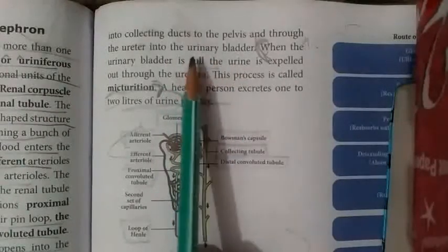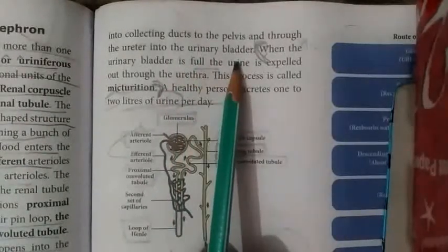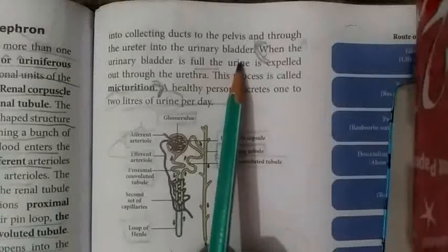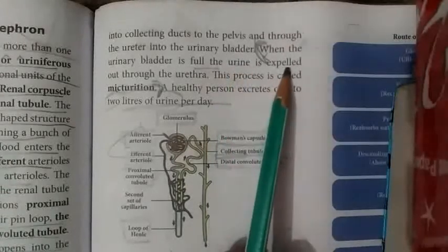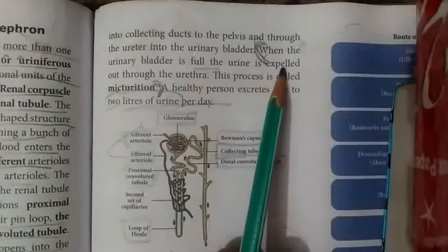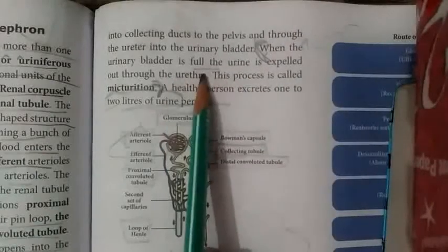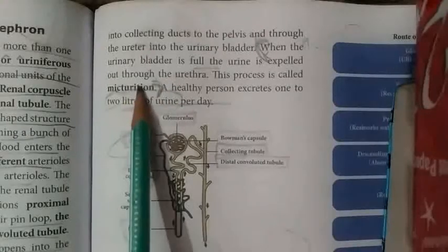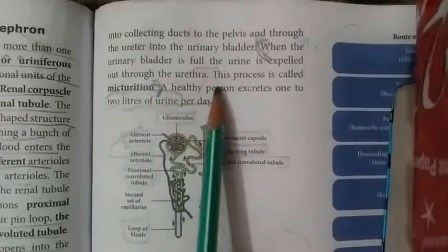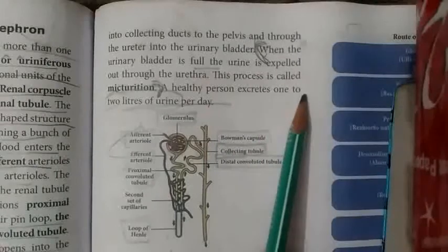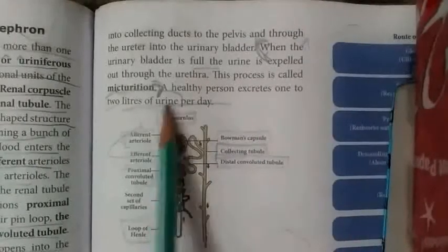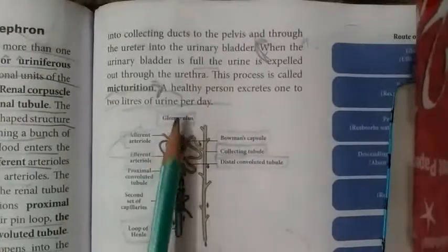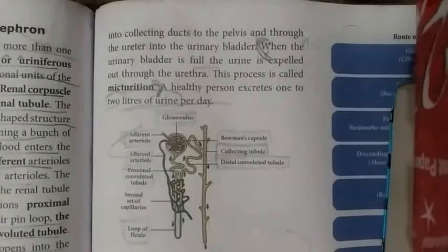When the urinary bladder is full of urine, it is expelled through the urethra. This process is called micturition. A healthy person excretes 1 to 2 liters of urine per day.